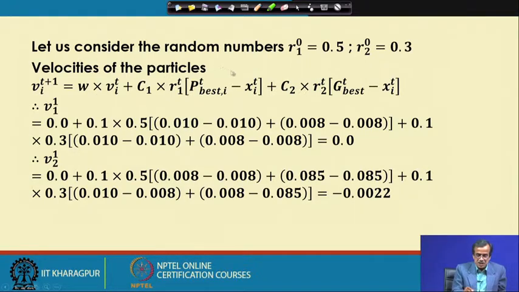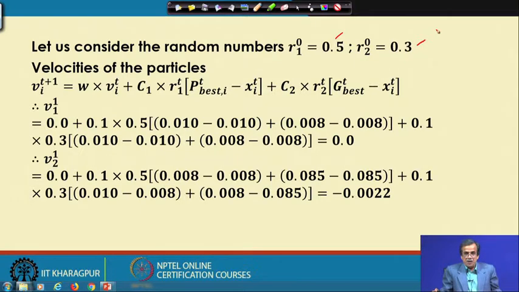Now, let us consider the random numbers R 1 with respect to 0 is nothing but 0.05 and R 2 with respect to 0 is nothing but 0.3.